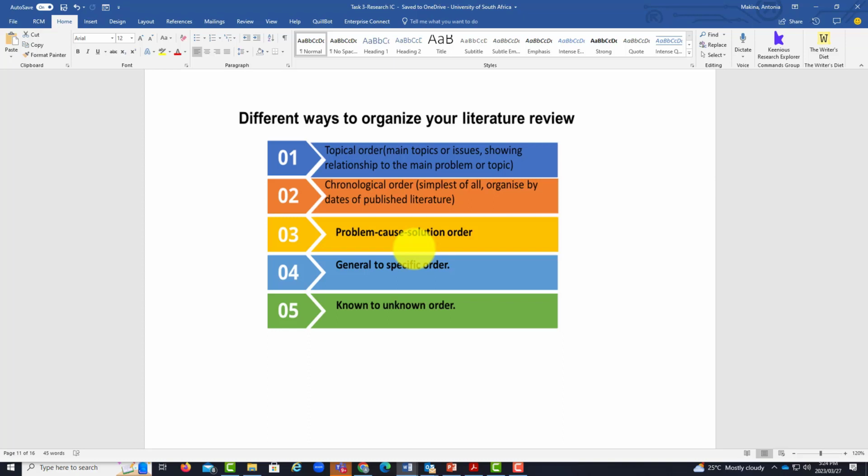Then number 3, you could use problem, cause, solution order. Number 4, general to specific order, known to unknown order, and that is how I make a start to organize my literature. The question is now, how do I organize the information?